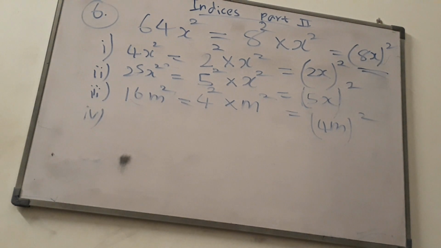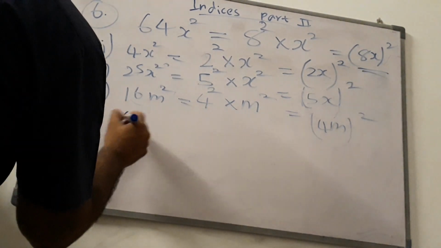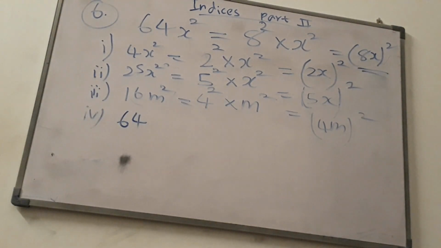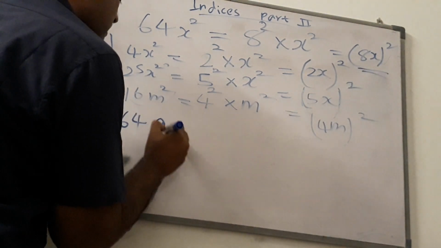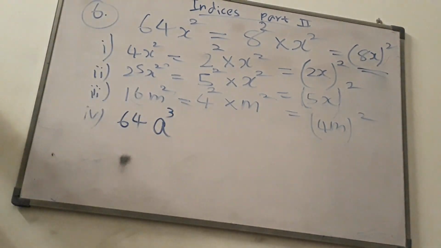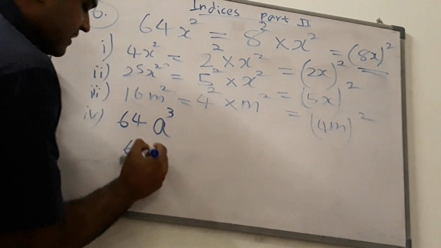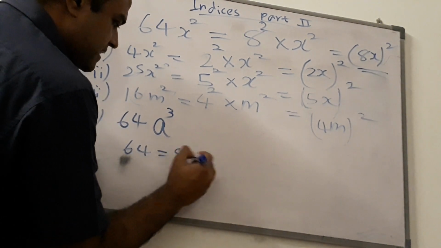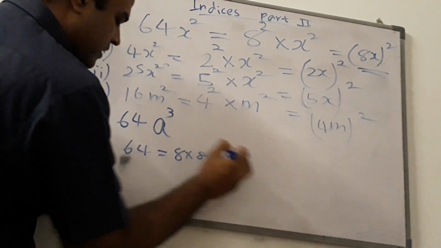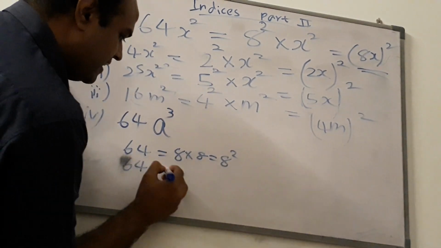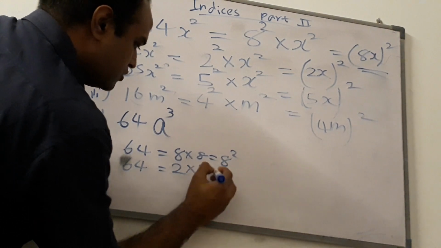Fourth question, it is said 64a cubed. 64 can be written like 8 times 8, or 8 square. 64 also can be written like 2 times 2 times 2.